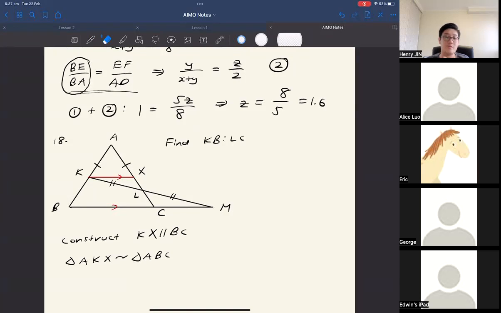So the two triangles are in 1:2 ratio. 1:2 ratio because, oh, so I see what you mean. It's not quite obvious. Sorry. I will tell you why in a second.